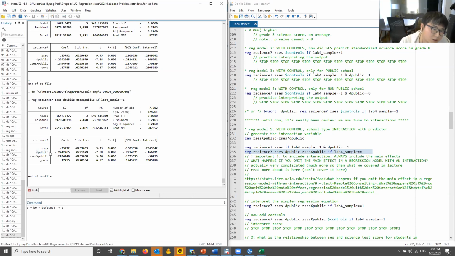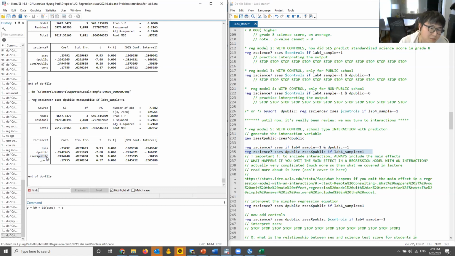Another way to look at it is, you know that the public variable is just one variable, meaning if you plug anything in, it becomes a constant. It's not a variable. Here, these are two variables. If you plug something in, it remains a variable. And the variable of interest is SES. So really, you're looking at these two things.